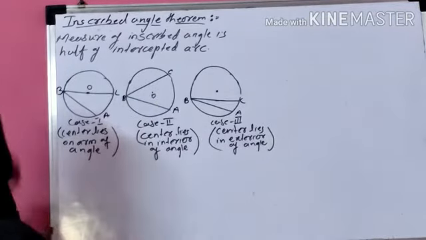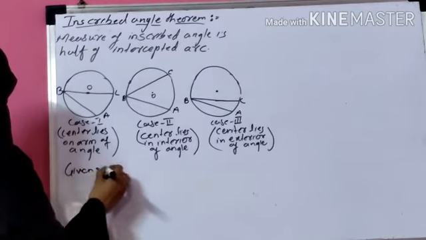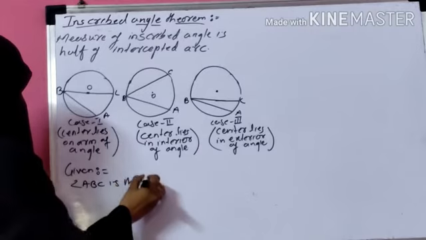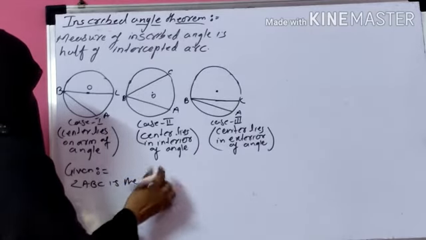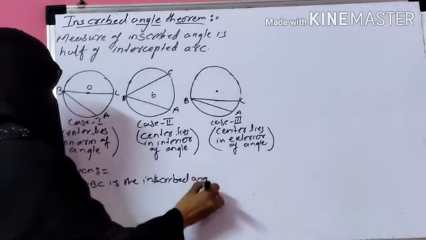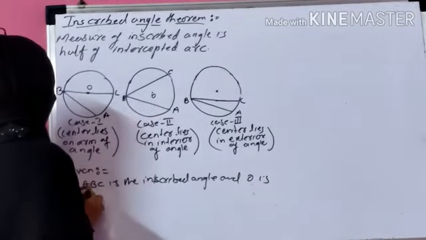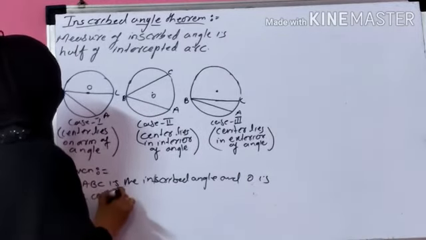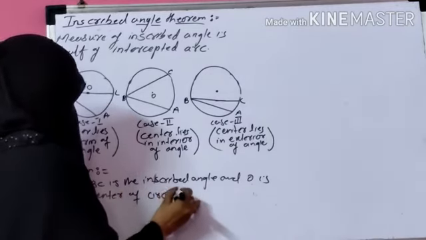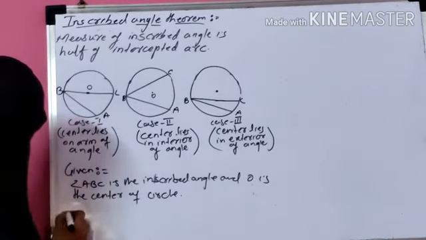So write the given part. Given: angle ABC is the inscribed angle and O is the center of the circle.